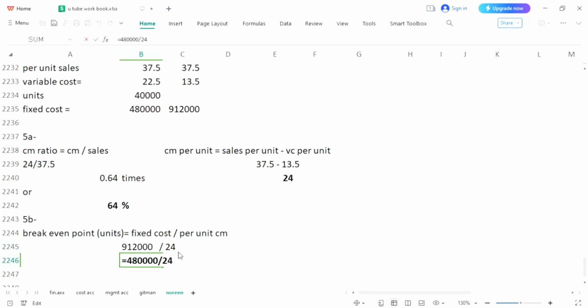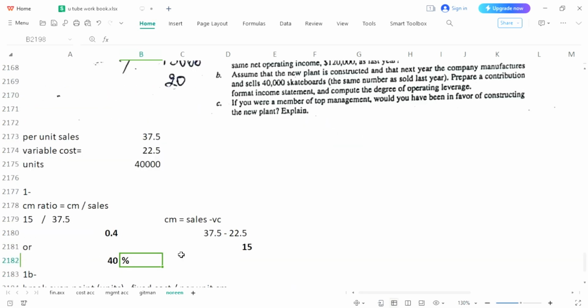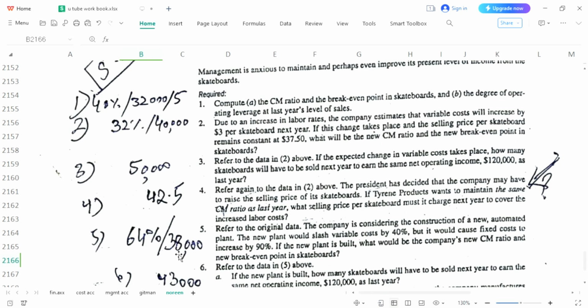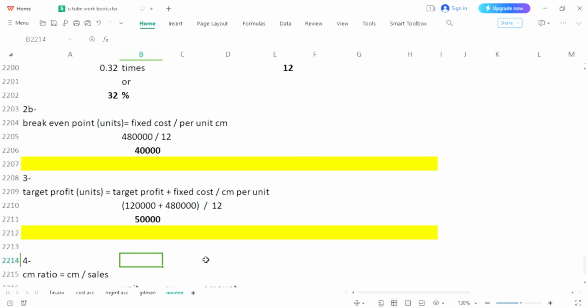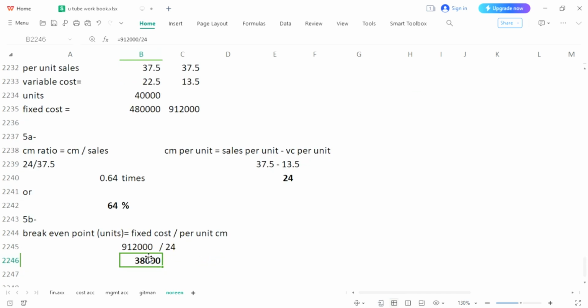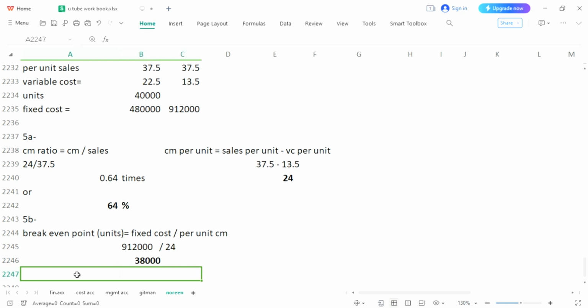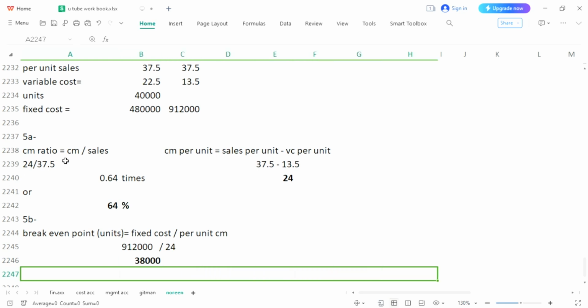Now we can put it over here, 9,12,000. So we have got our break-even point in terms of unit as well, and answer you can see here is 38,000. Fifth part was having two sub parts, 64% and 38,000. Come over here, 64% and 38,000. It means our portion has been completed. We can mark it as it has been done.